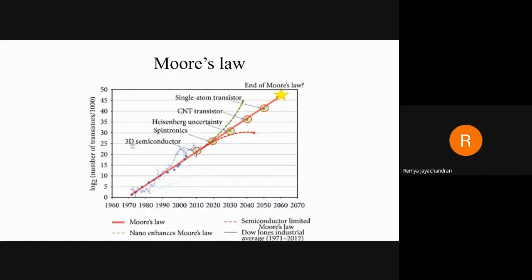And new methodologies and new materials have been introduced. You can see in this figure 3D semiconductors, and then it is moving towards the future. It represents the future. Maybe this is replaced by spintronics, then carbon nanotubes, then these semiconductors will be replaced by single atom transistors.